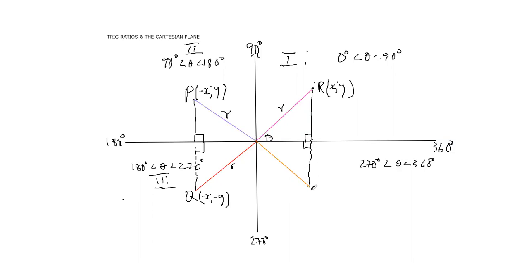Let me call this one S. Here, x is positive and y is negative. You know this is the negative y-axis, that's the positive y-axis, positive x-axis, negative x-axis.